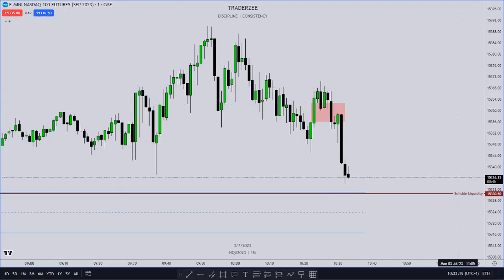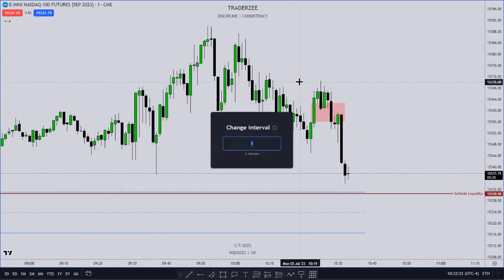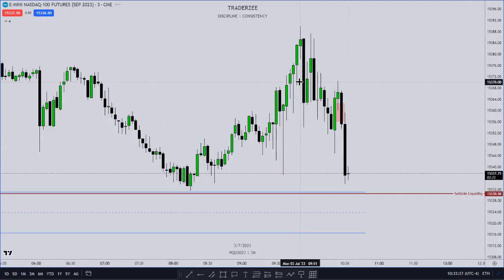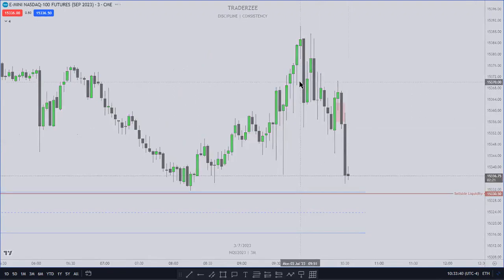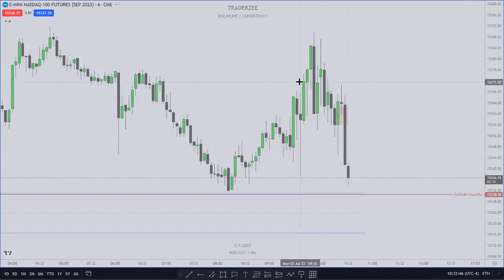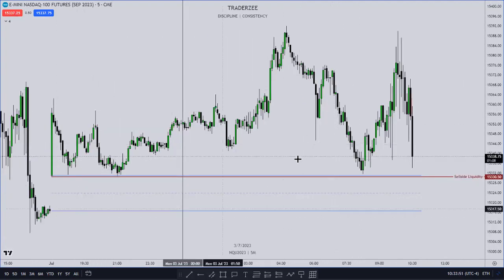SMT with ES, obviously. ES is the reason I didn't take this setup. So yeah, sell side delivery and new week opening gap will be delivered.